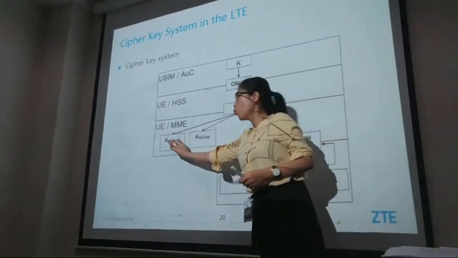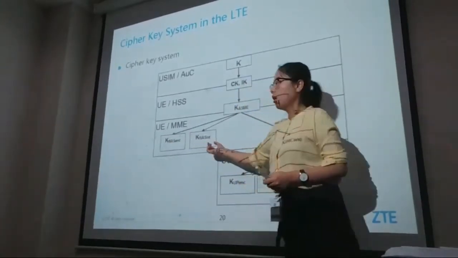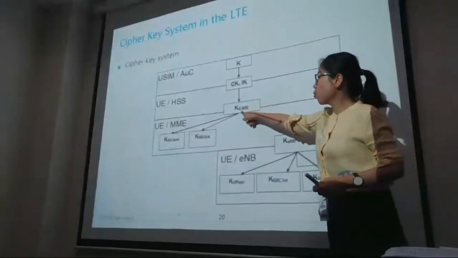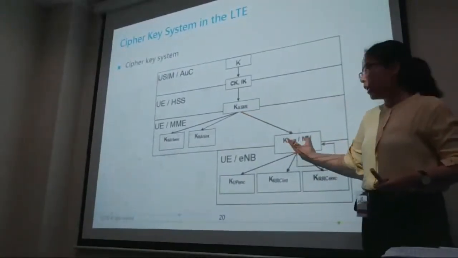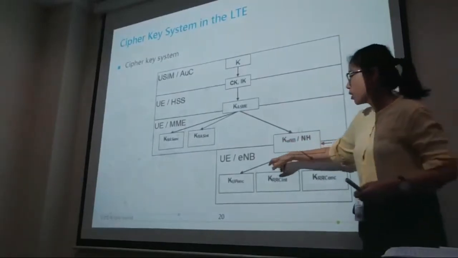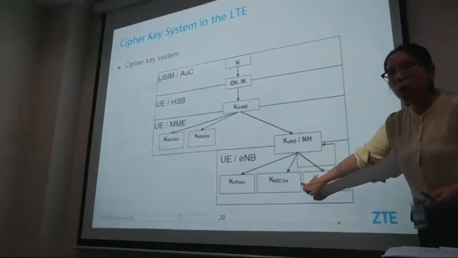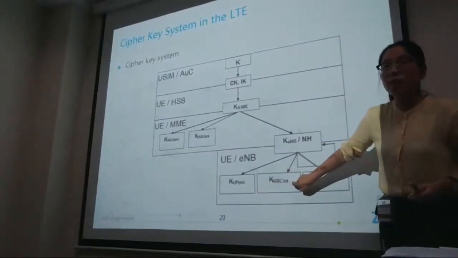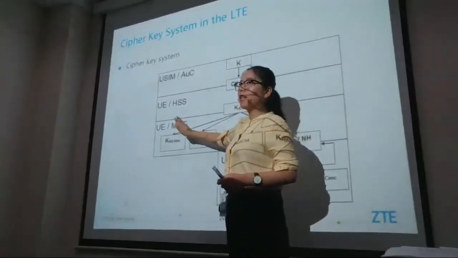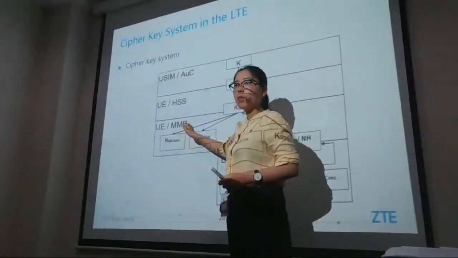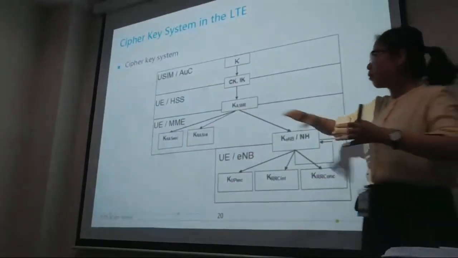So this one is for ciphering, one for integrity. And from this one, it can generate the eNodeB key. For the eNodeB, it will generate the user plane ciphering and the control plane ciphering and integrity keys. So this value is both on the UE side and MME side. So we can generate several different keys.